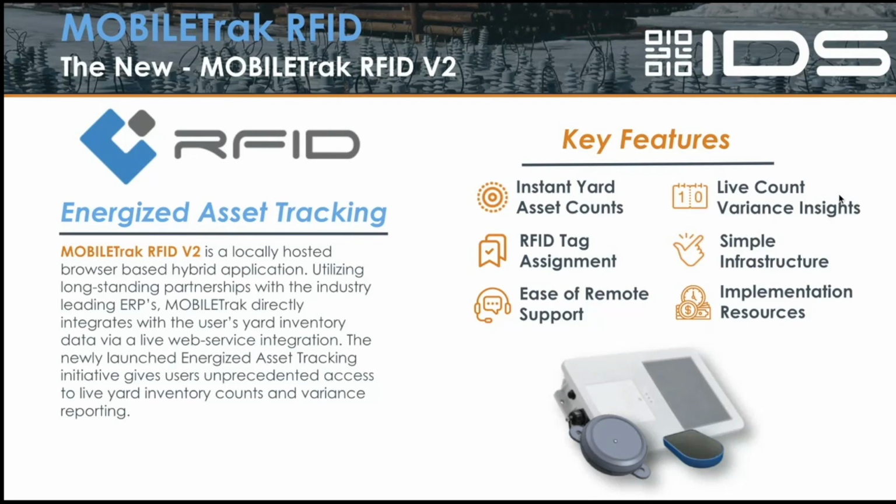It provides a much larger bandwidth of support, because the data activity is over the cloud, so we have instant access to our customers if there are issues. With those instant yard asset counts, we can give you live variances. It's a very simple infrastructure, and we'll talk about that in a second. That lack of implementation resource requirement is another big thing.